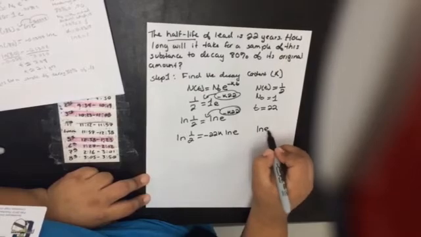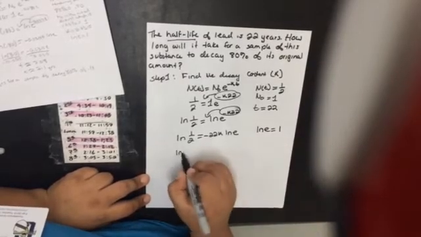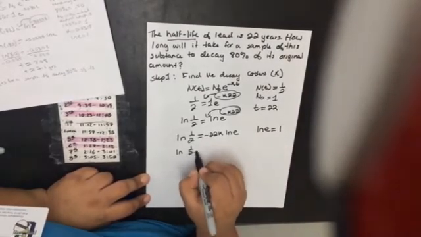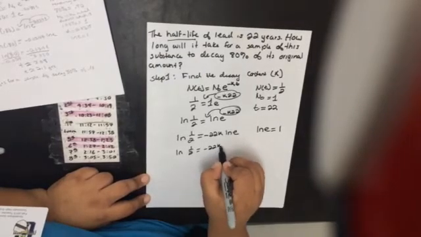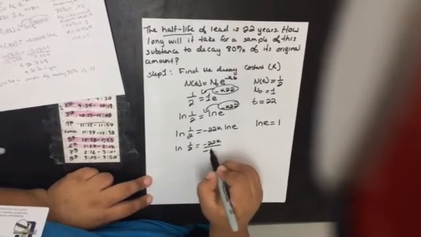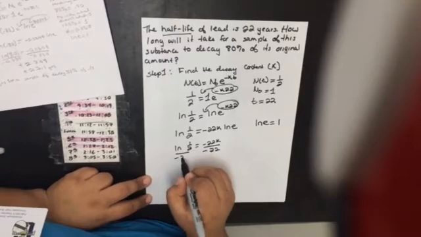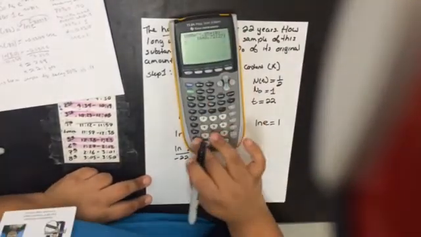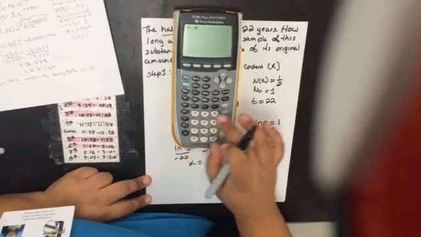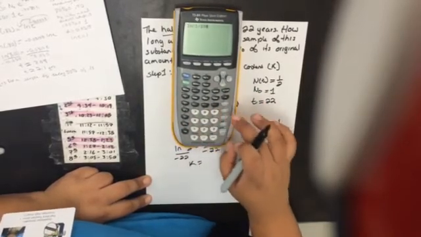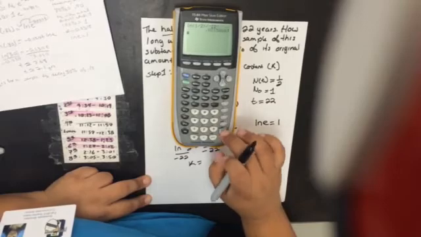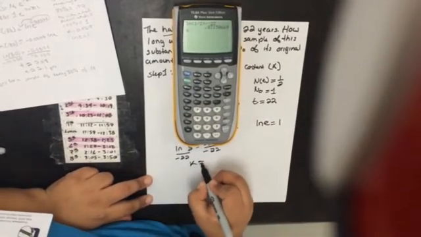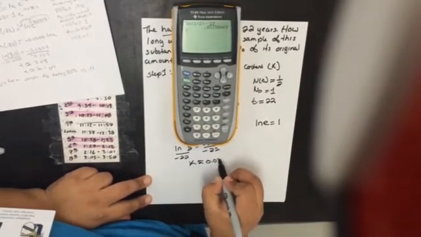Remember that the natural log of e is just 1. So the natural log of 1/2 equals negative 22k. To solve for k, I divide by negative 22 on both sides. So k equals 0.0315.